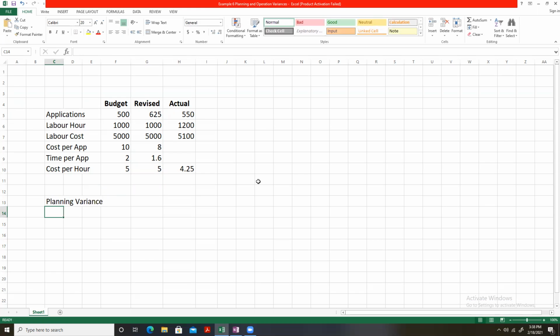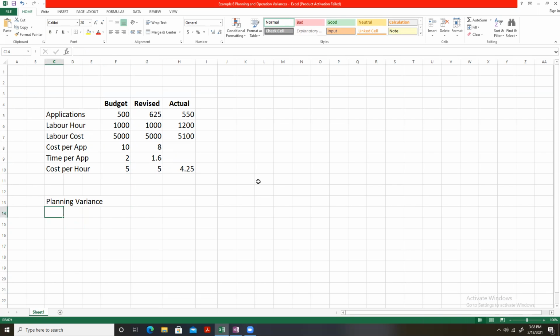Now, planning variance. The cost per application has changed. As I told you, for planning variance we compare budget against revised. So the cost per application has reduced according to the revised standards.